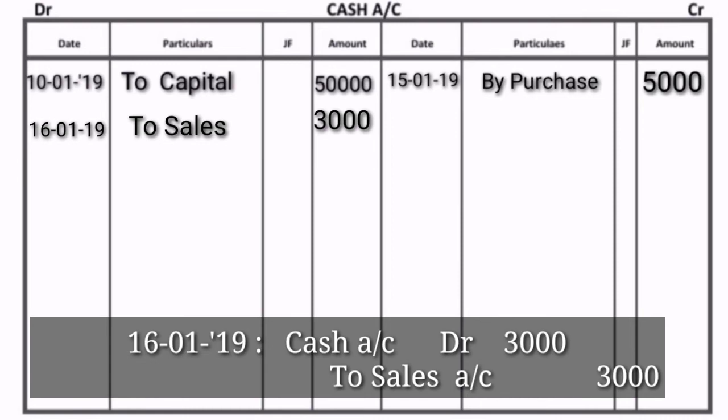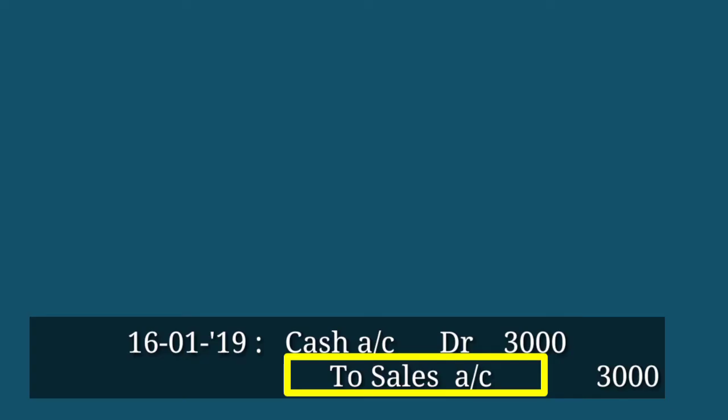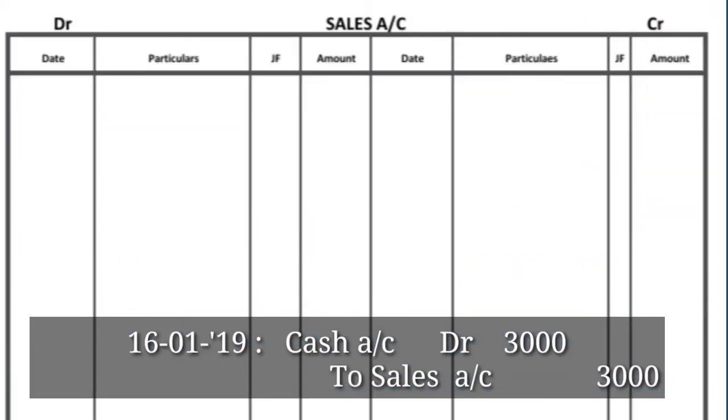Now we can prepare sales account, because we need to separate sales. This is the sales account. Name is sales account, and DR and CR. Date, particulars, JF, amount. Date, particulars, JF, amount. Okay, all accounts are in T form.